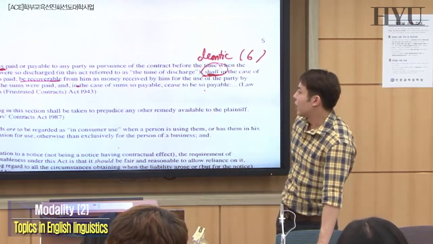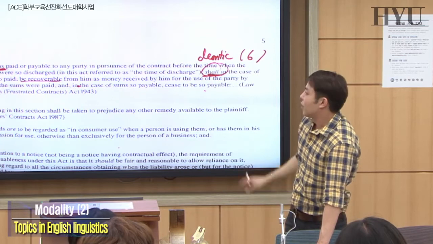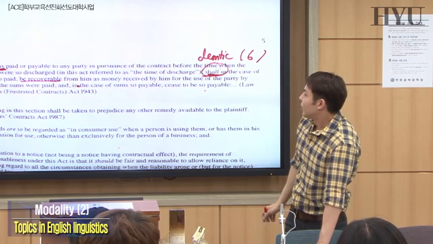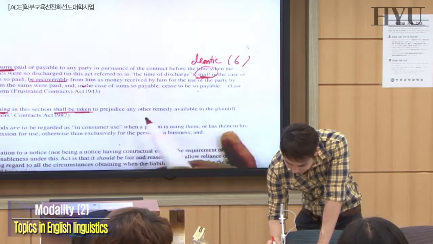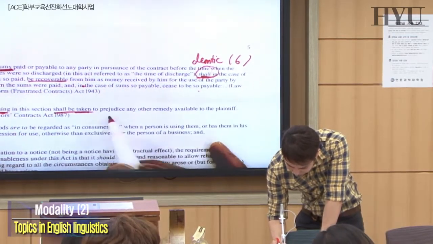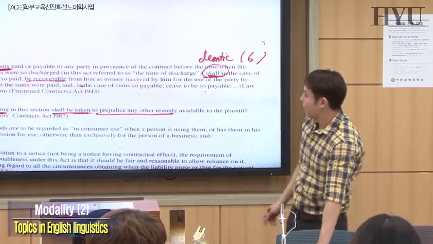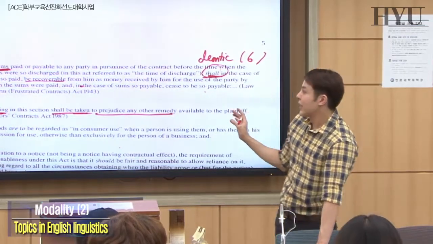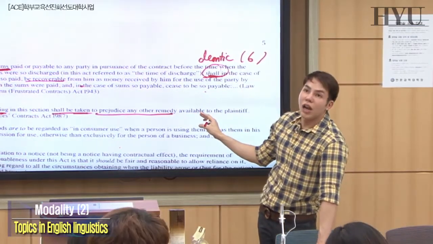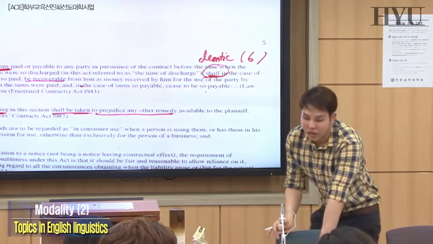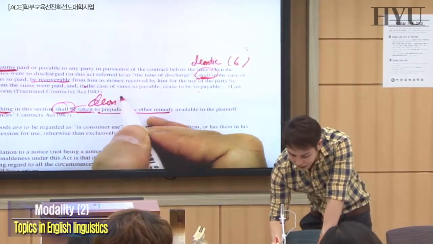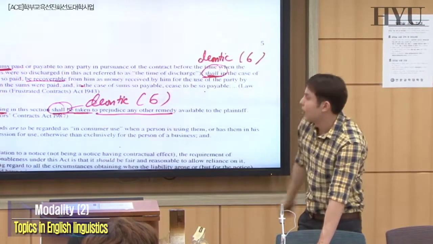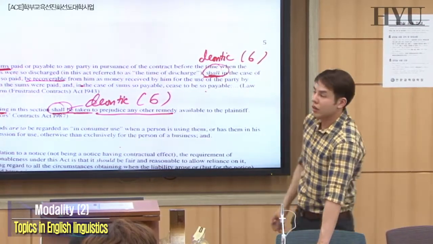Let's move to number 4. Where's the main clause? There's only one clause. Nothing shall be taken to prejudice any other remedy available. So that's the main clause. Nothing shall be taken. In this case, again, we see the use of shall that has the deontic modality and it's a statement of obligation as well.